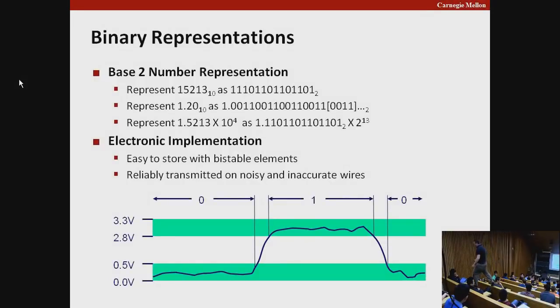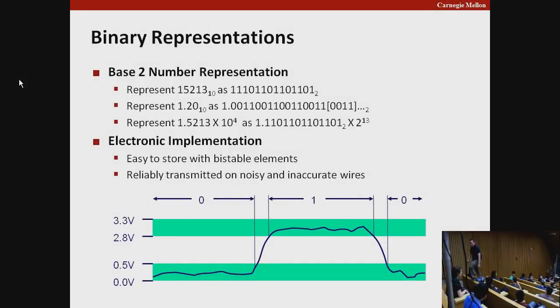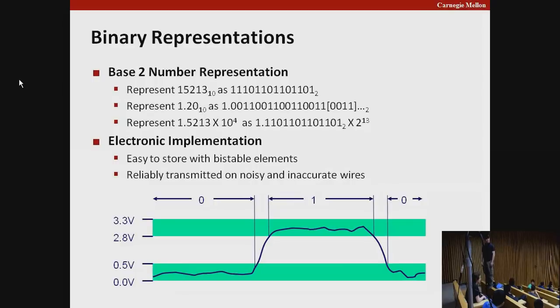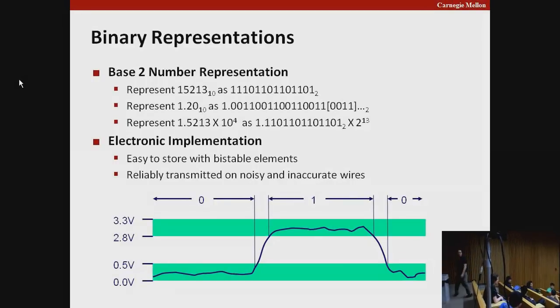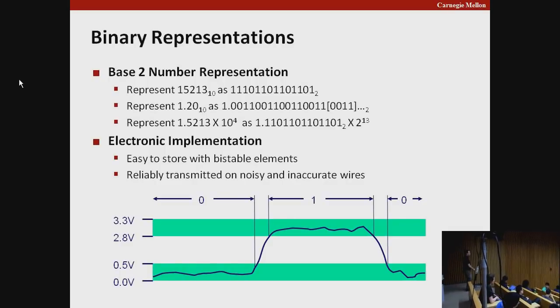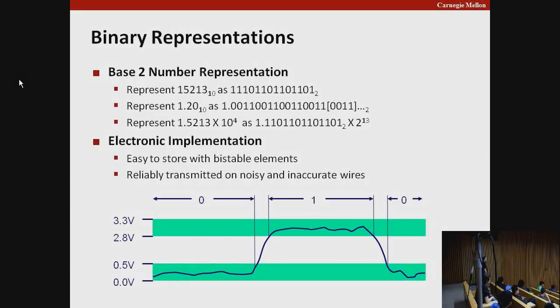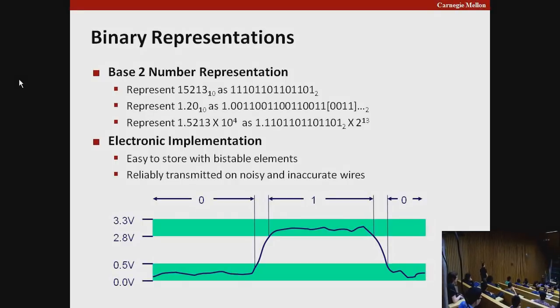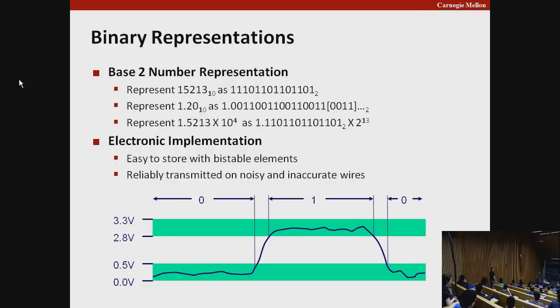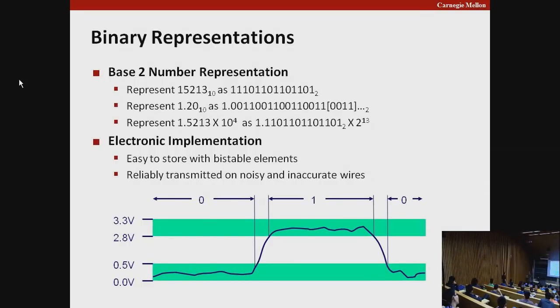So at any rate, why? Well before there were digital computers, there were analog computers. Yes? It's easier for the computer to distinguish between a high voltage and a low voltage than a wide range. It's easier to distinguish between on and off than on, 1/3, 2/3, 3/4, 7/8, whatever, and off, right?